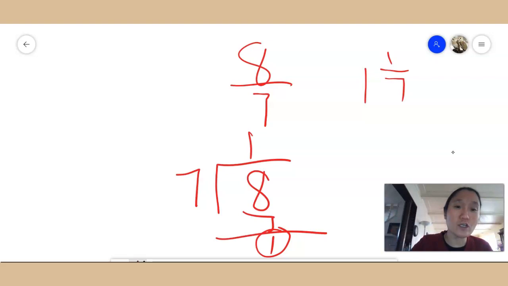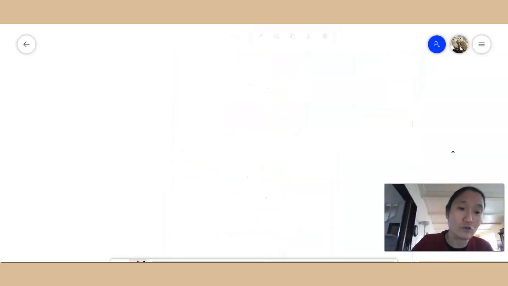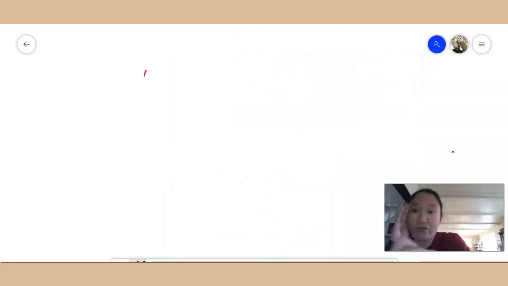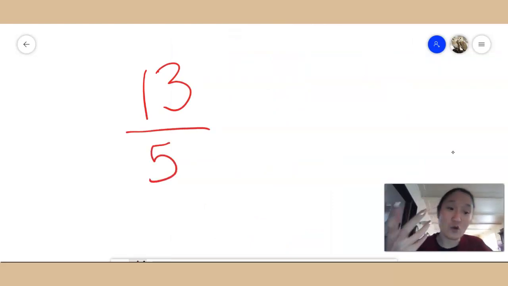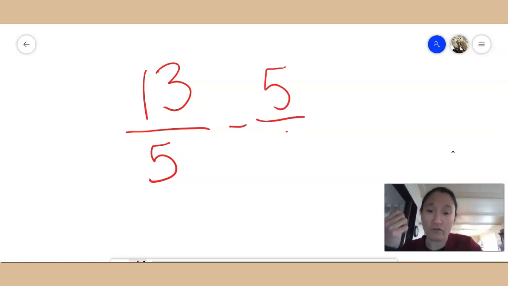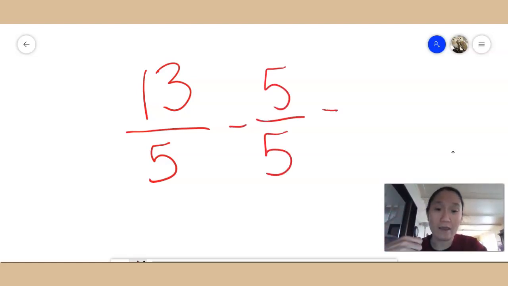Okay, so let's look at another one that maybe is a little bit trickier. If I have 13 fifths, I already know that I can take away 5 over 5. I can take that away, and if I know that 5, 6, 7, 8, 9, 10, 11, 12, 13, that would leave me 7 fifths.